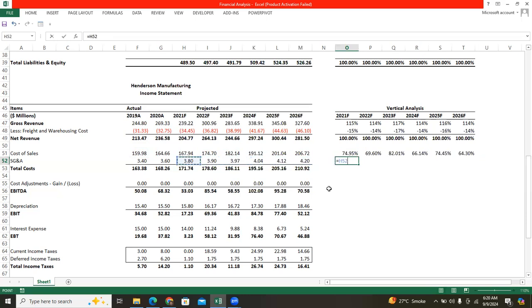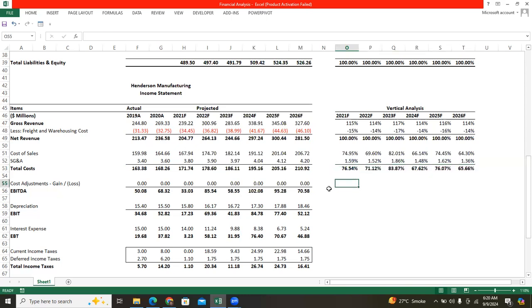It is eating a lot of my net revenue. Equals sum to get a total cost percentage. Control R, Alt H, B, P, and then bold it.